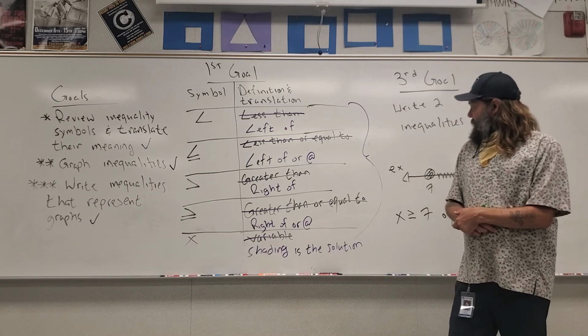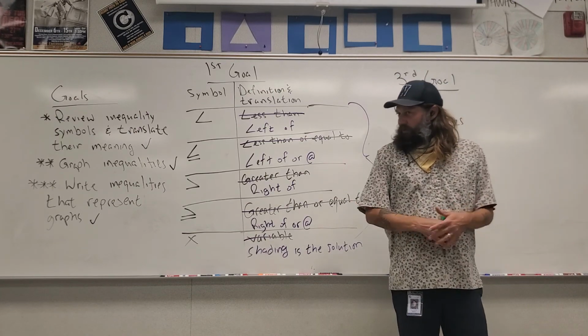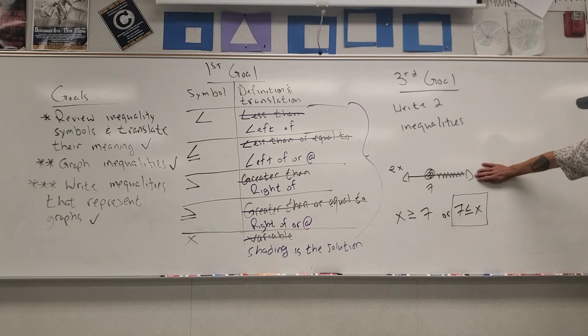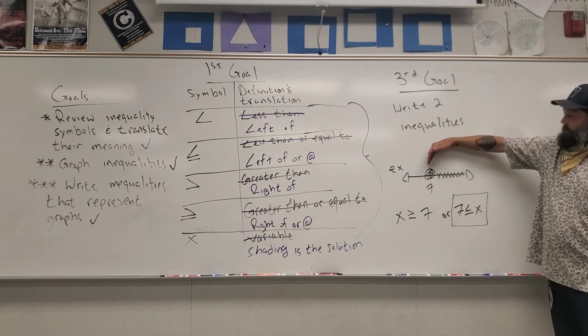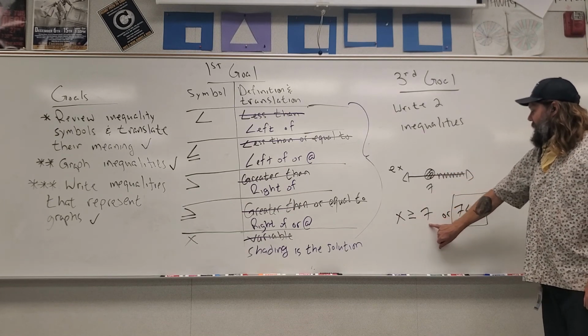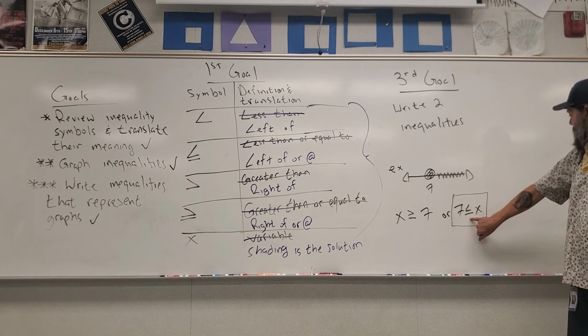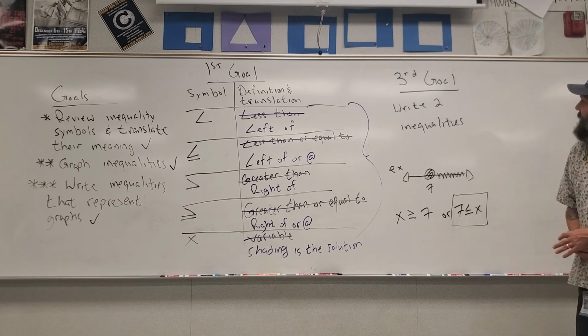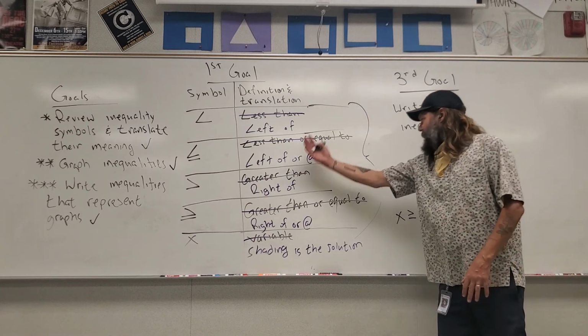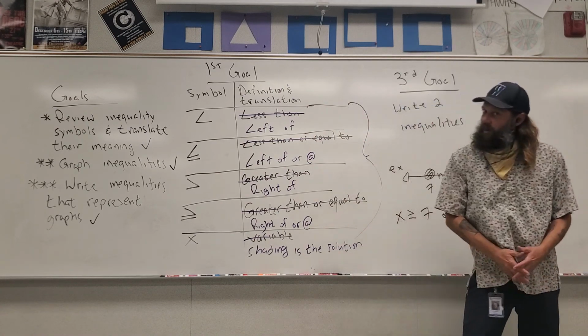Graphing inequalities, you're just drawing what you're going to translate. And when you're writing an inequality that represents a graph, you're just explaining what you see. The shading is right of the 7, or starts at 7, or 7 is left of the shading and also includes 7. Like I said, I think it's pretty simple. It helped me a lot to think about this as just describing location.